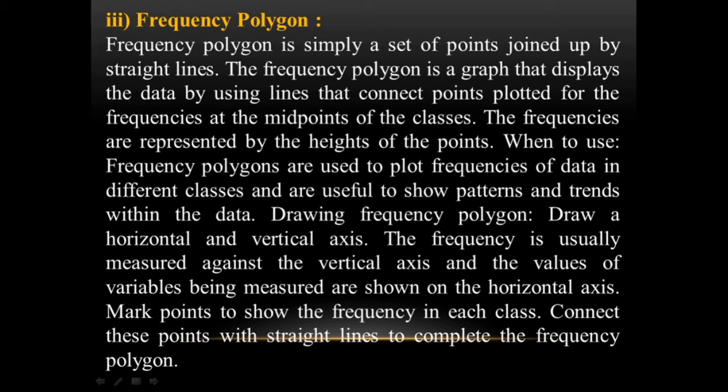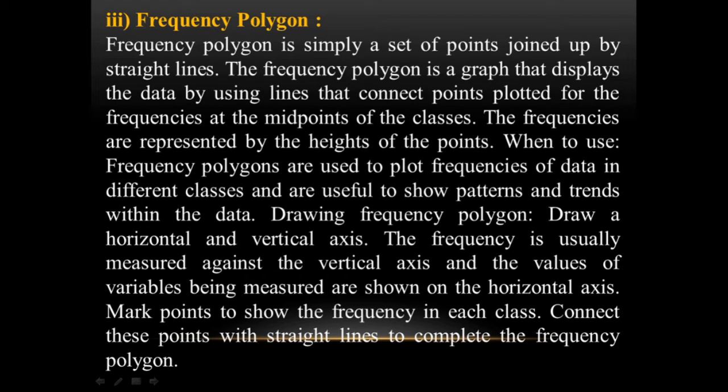The frequencies are represented by the heights of the points. When to use? Frequency polygons are used to plot frequencies of data in different classes and are useful to show patterns and trends within the data.